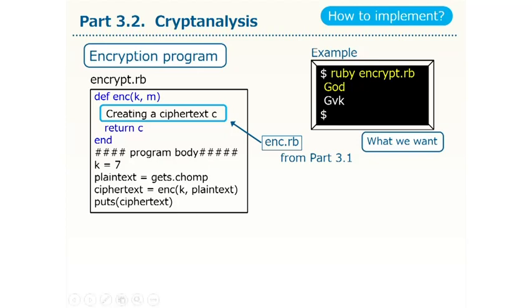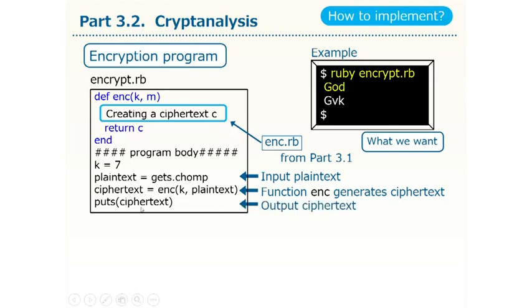Let's use 7 in this example. Then we will read the plaintext. We read in the string with gets.chomp and store it in a string variable called plaintext. Then we will turn the plaintext into a ciphertext with the encryption subroutine enc and store it in a string variable named ciphertext. Finally, we will display that on the screen by using the puts command.